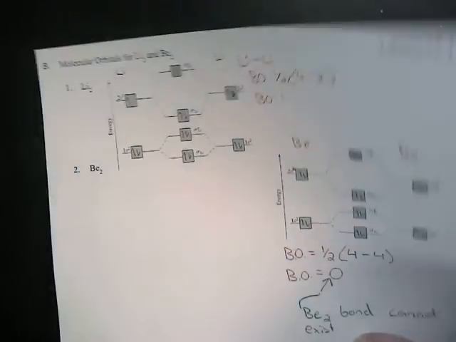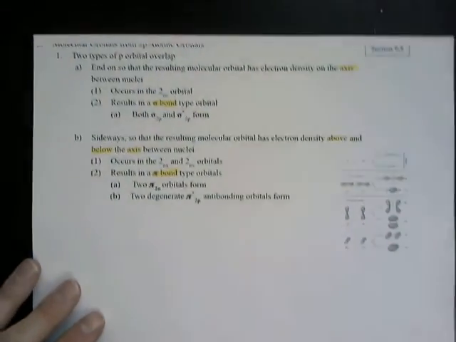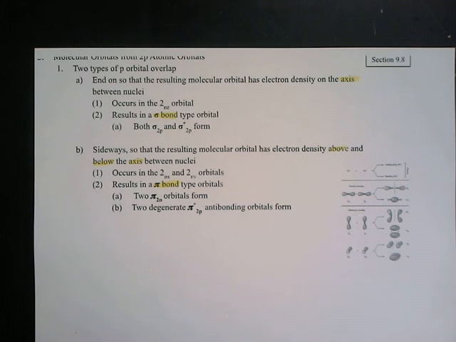Now, we're going to go into a little bit more detail here that we will just glance over. All right. So with this, we haven't gotten into anything that has our p orbitals and our orbital overlap here. Again, we're going to go into some details here, but we need to remember this, that in a pi bond, in a double or triple bond, we're going to have at least one sigma bond.